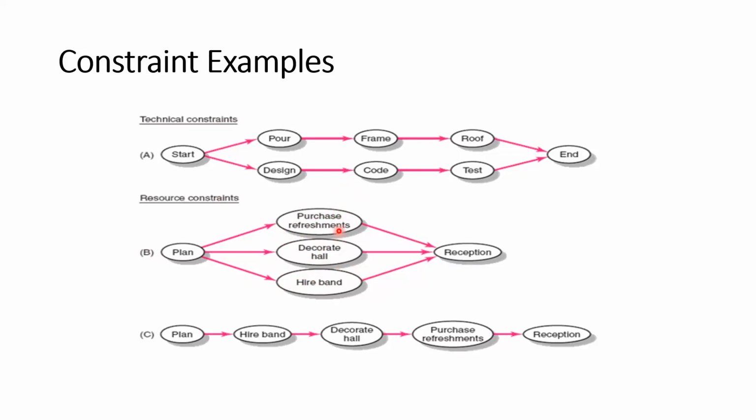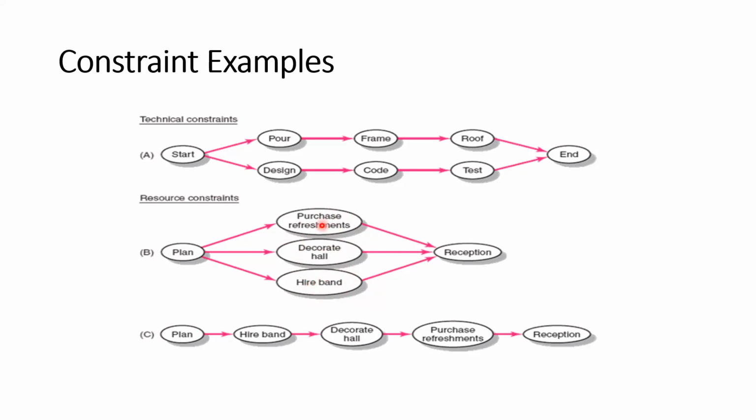They have to purchase the refreshments, decorate the hall, and hire the band. Hiring the band is also given to the hotel. But assume that the hotel does not have enough resources to do all these three activities in parallel, because there is only one manager to do all these activities.